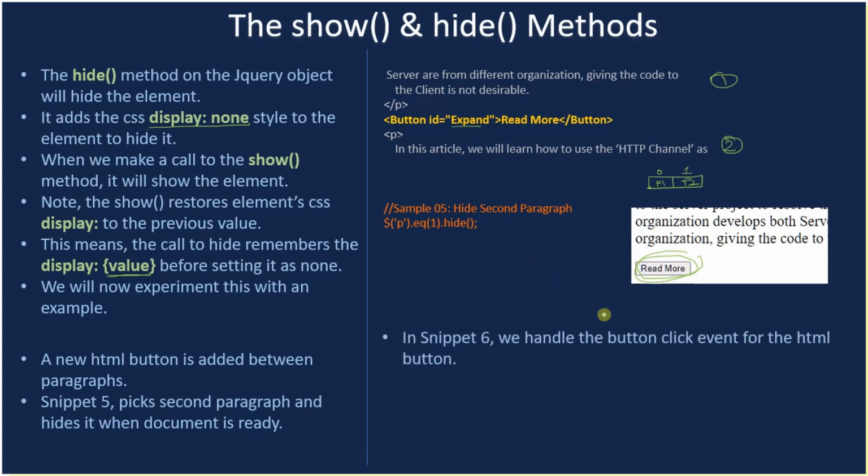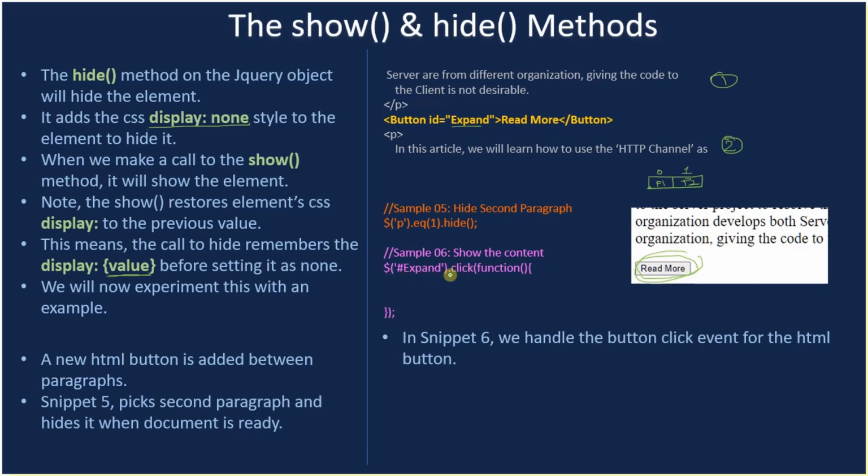In snippet 6, we handle the button click event for the HTML button. We added a new button, right? So if you see, we add a new JavaScript code, right? This code also we are hooking at the document load. We already hooked click event handler for the 3 buttons that is placed inside the div tag, right? Original plus minus.